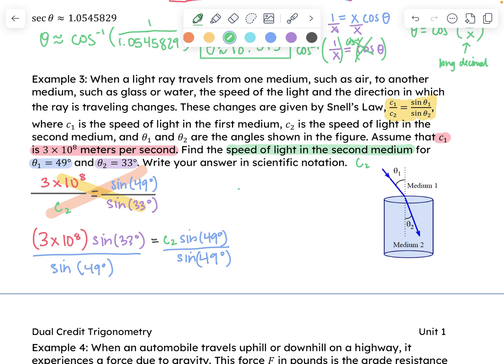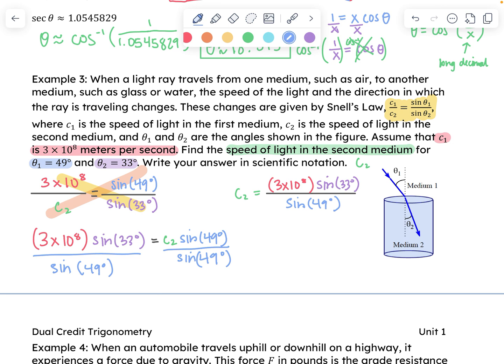So C2 is going to equal my 3 times 10 to the 8th times my sine of 33 degrees divided by my sine of 49 degrees. And that's what I can plug into my calculator. Once again, make sure you are in degree mode and then just plug it in.